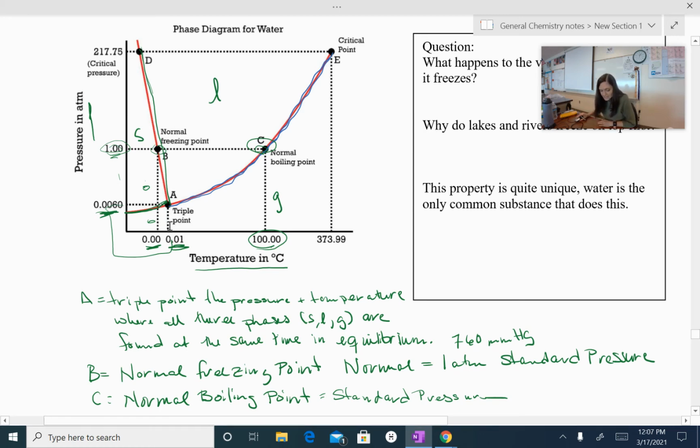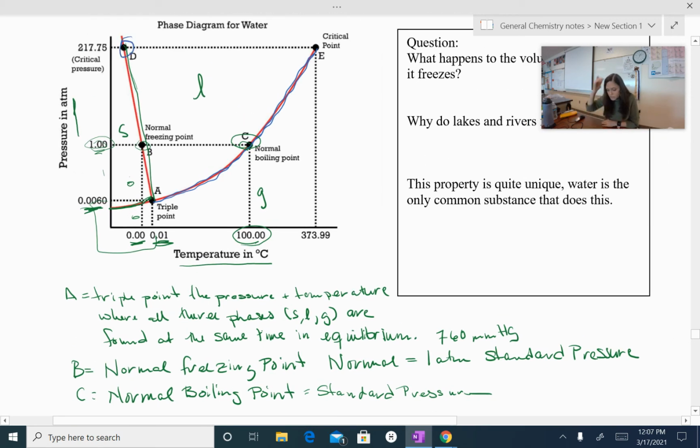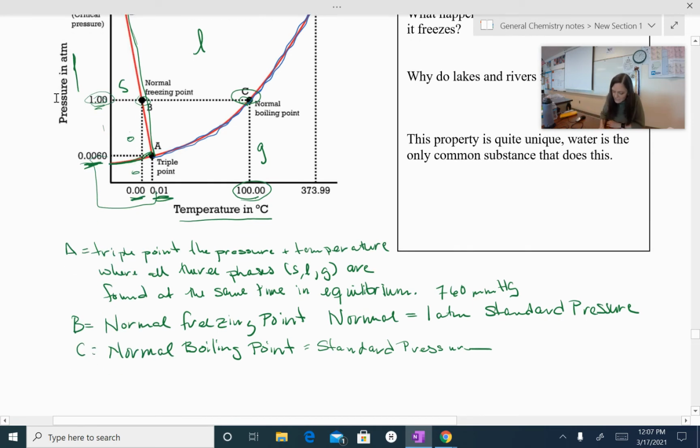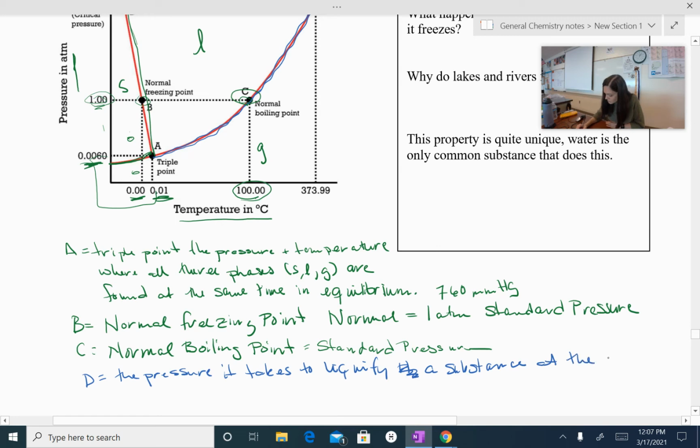Let's look at D and E. So D is our critical pressure. That is the pressure that it takes to liquefy water, or a substance, I should say, a substance at the critical temperature.